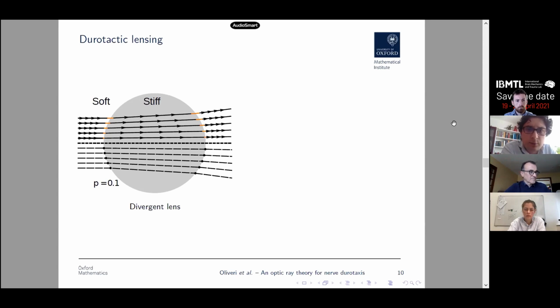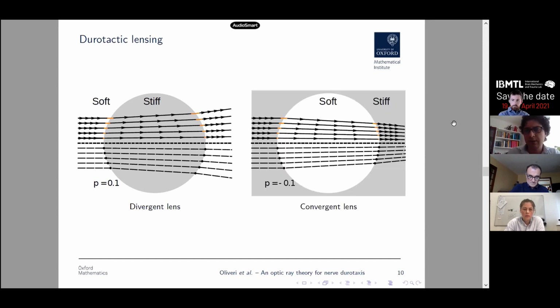The solid line represents the trajectories obtained by direct integration of our nonlinear system, and the dashed line is obtained by doing the Snell-like construction, assembling piecewise linear functions. Conversely, we can also obtain a convergent lens by inverting the two zones and considering a soft obstacle.